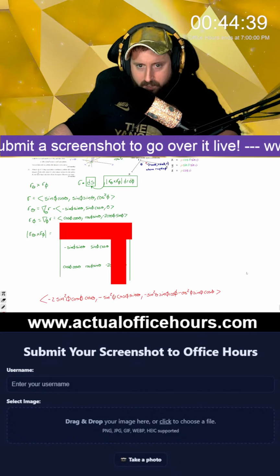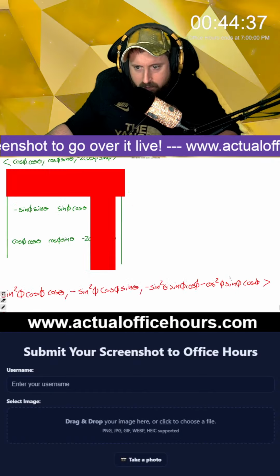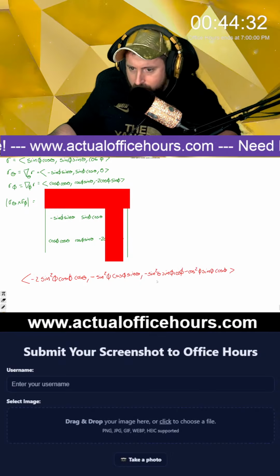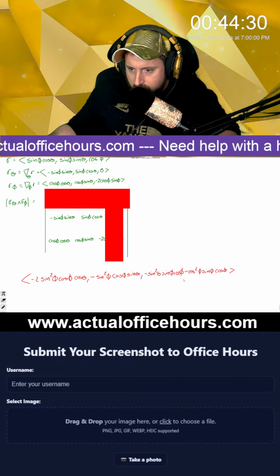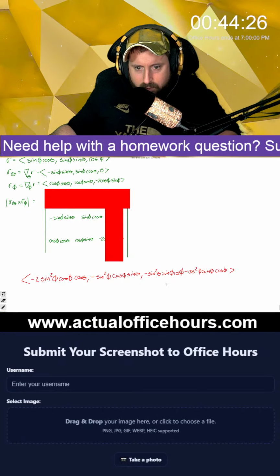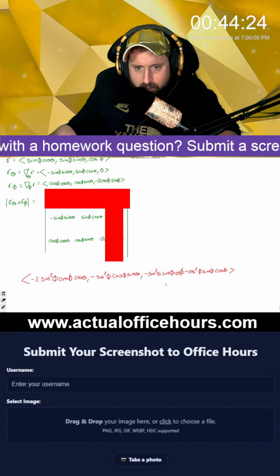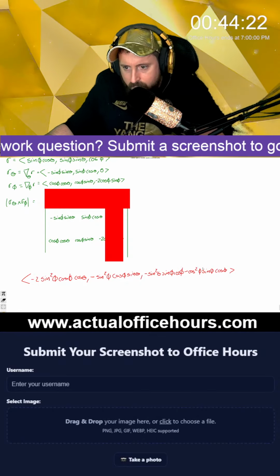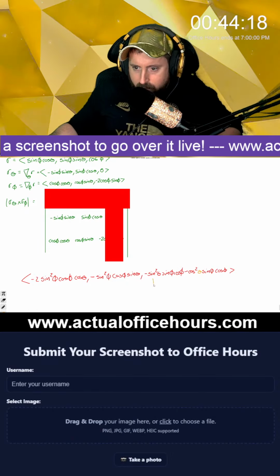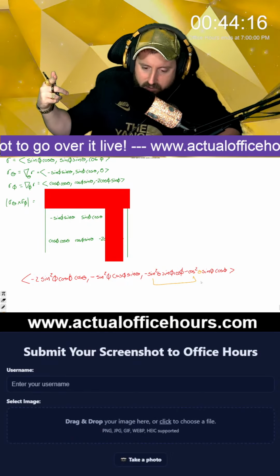Okay, but then here's the cool thing is that this is also... Wait. Cosine. Oh, this is cosine squared theta. Sorry. Yes. Look at this. This is minus sine squared minus cosine squared.